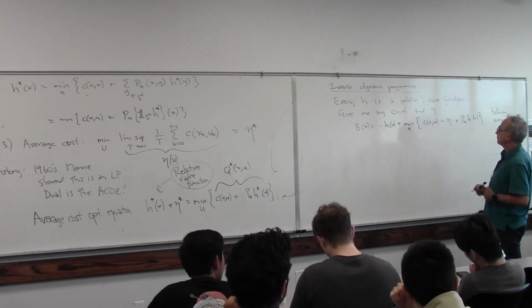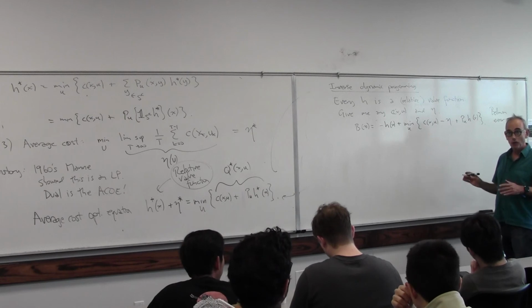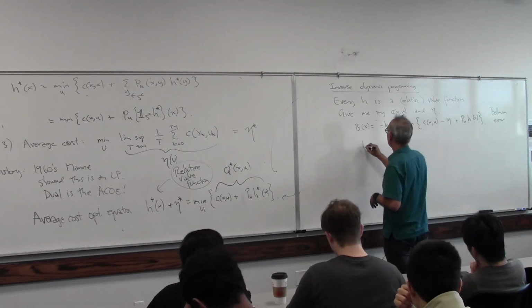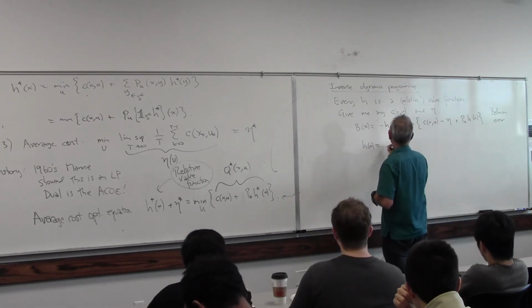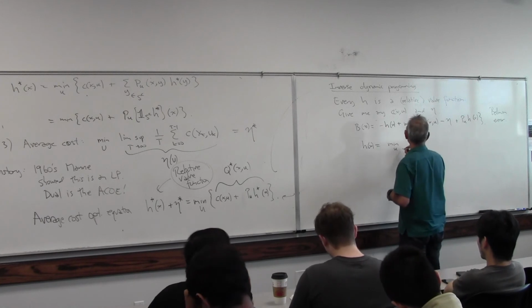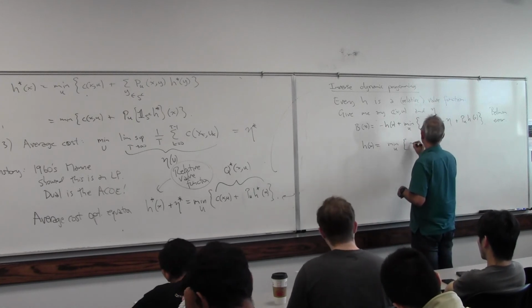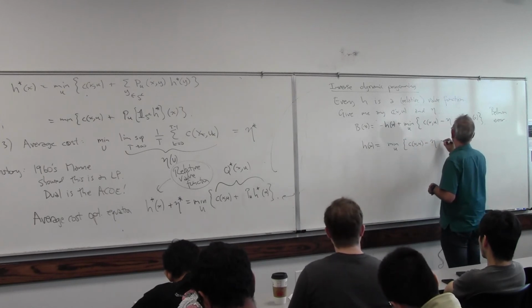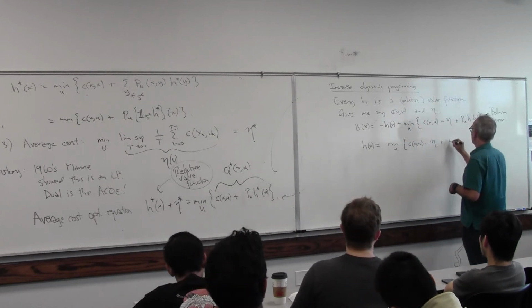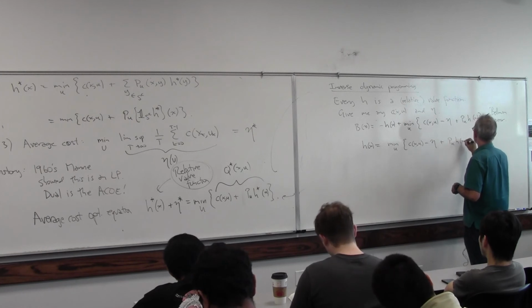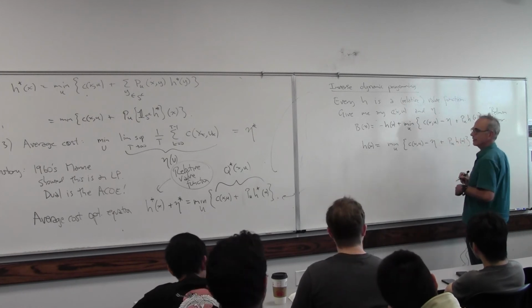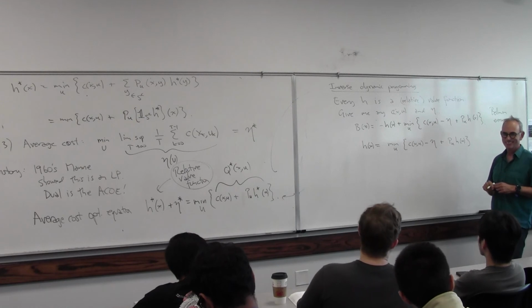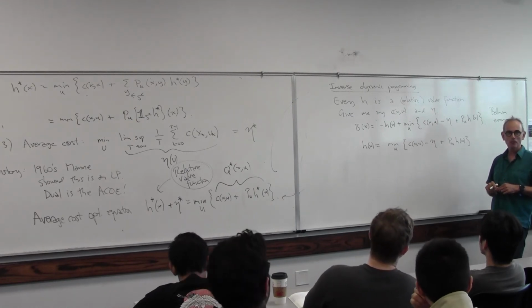And then I can rewrite this in a different way. I can write this as h of x equals the minimum over u of c of xu minus eta plus pu h of x, right? Or maybe not? You're supposed to look at me funny.